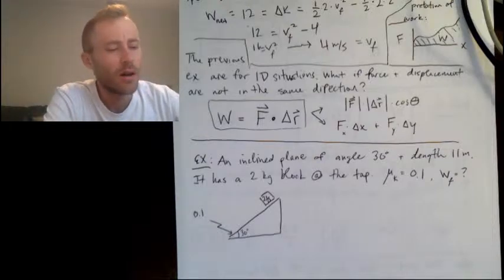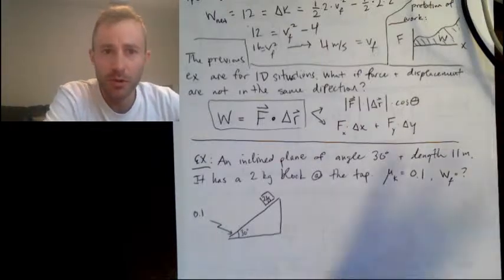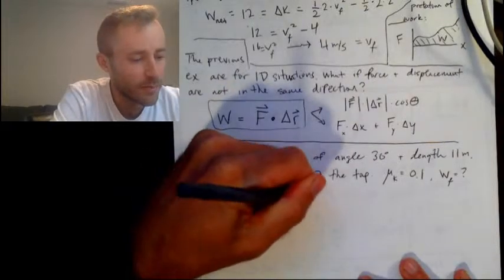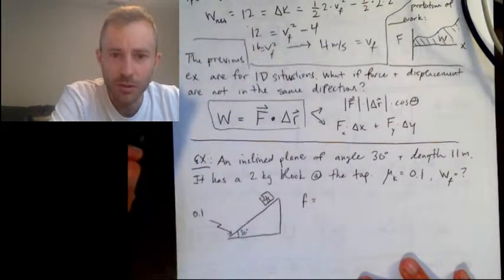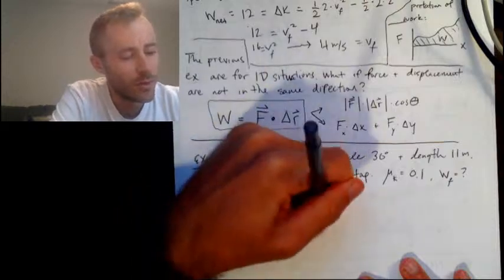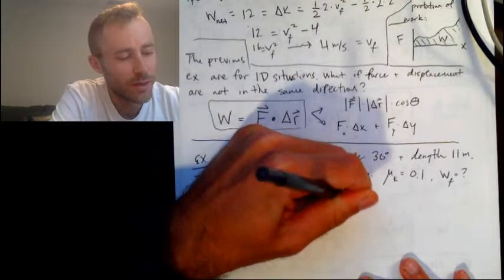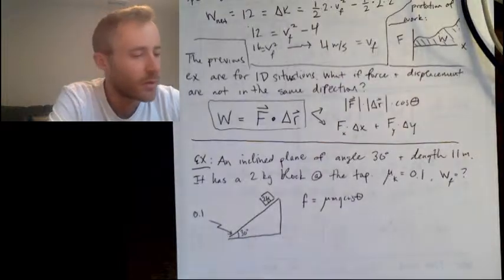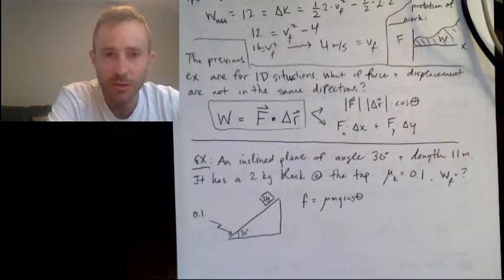I'm not going to go through all the math, but it is possible to show that the force of friction is going to be equal to mu mg cosine of theta. We already had our inclined planes lecture, so I'm not going to go through that again.